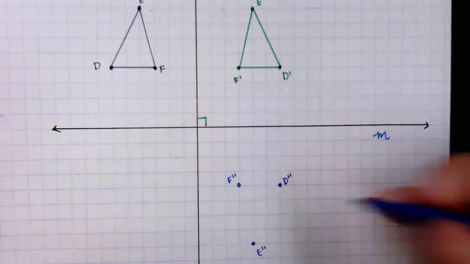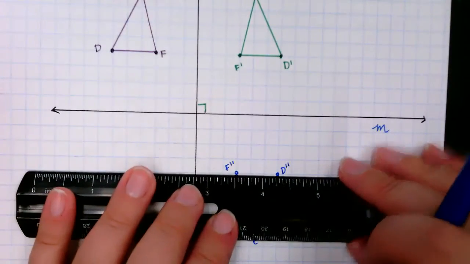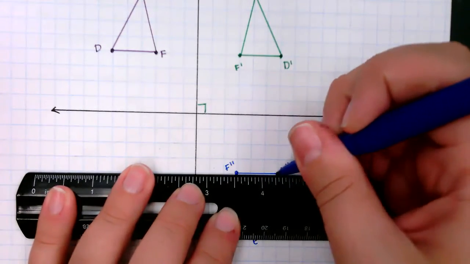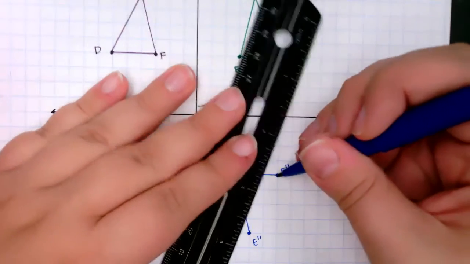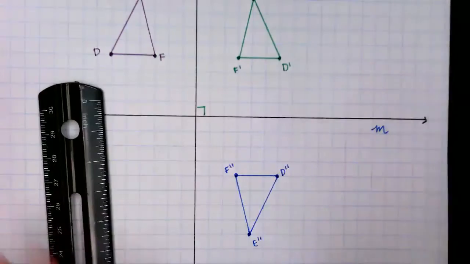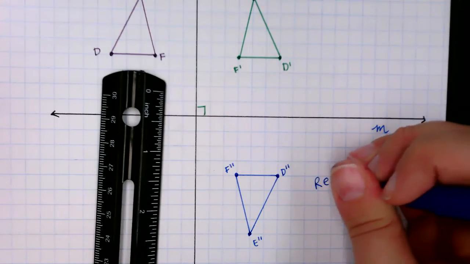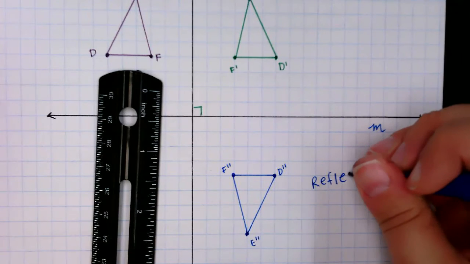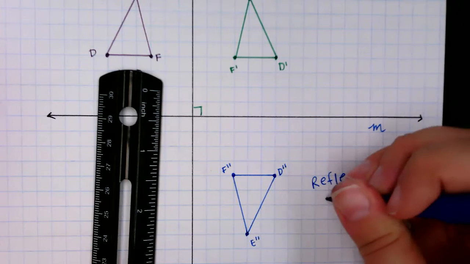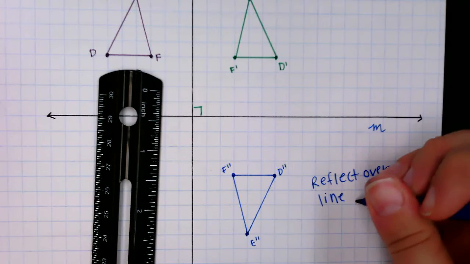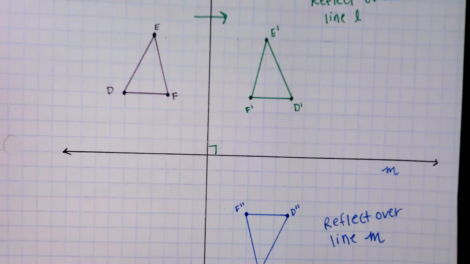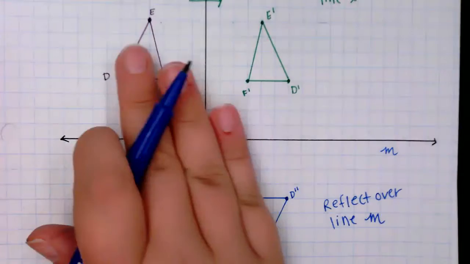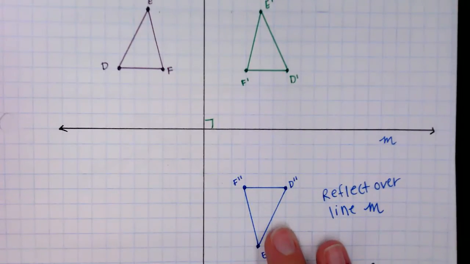There we go. E double prime. And I'm going to connect the points. And this one is the reflection over line M. Sorry. Mixing things up today. So when I reflect over 2 intersecting lines, I end up down here.